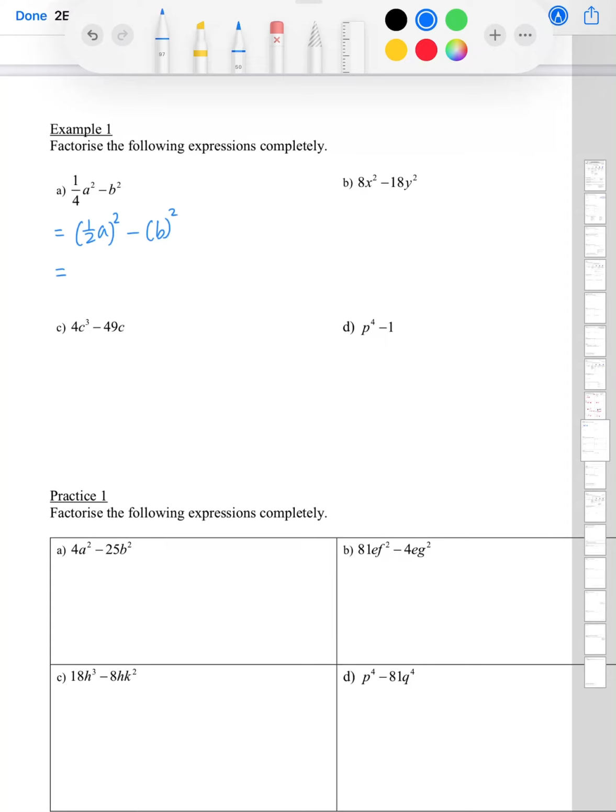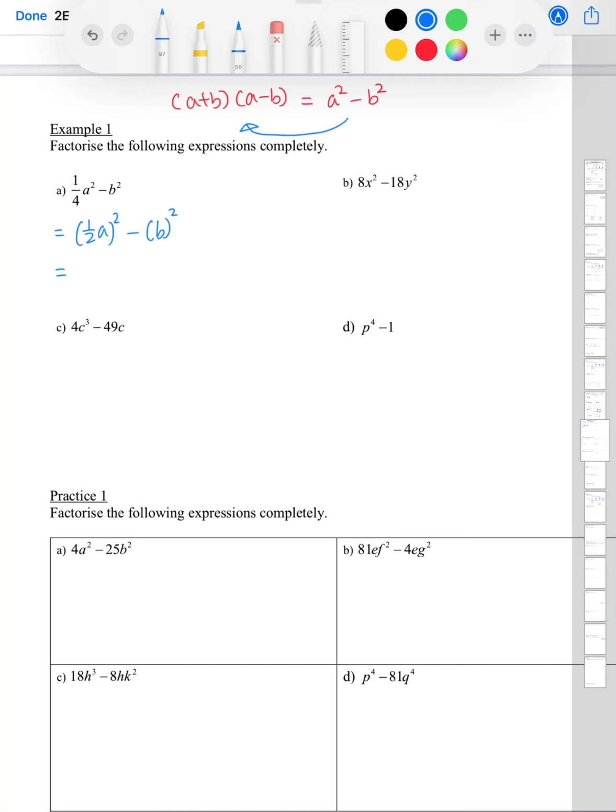So we learned from the previous few lessons, when we did our expansion, that when I have (a plus b) times (a minus b), it will end up as an expression of a squared minus b squared. So today we are going for the reverse. When I see a difference of two squares, a squared minus b squared, my factorized result must be (a plus b)(a minus b).